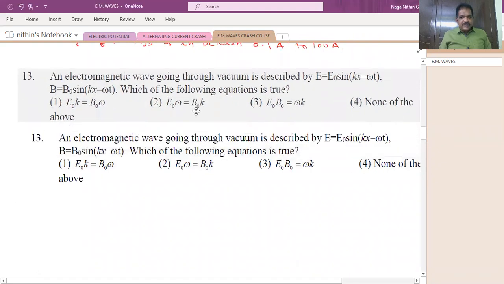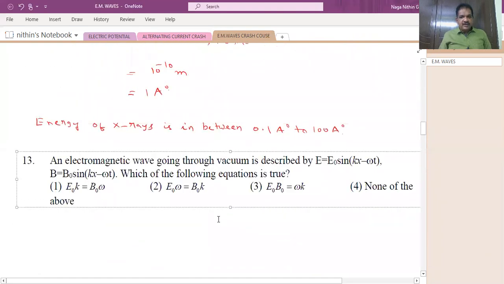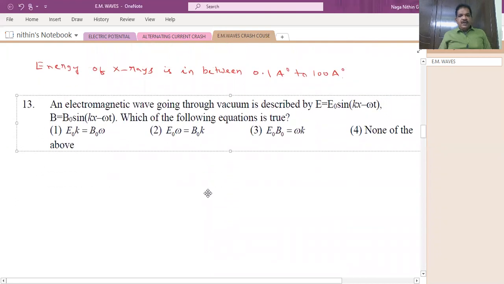Next, see the next question, what they are asking. An electromagnetic wave going in the vacuum is described by E is equal to E naught sin(kx minus omega t), B is equal to B naught sin(kx minus omega t). Which of the following is true?